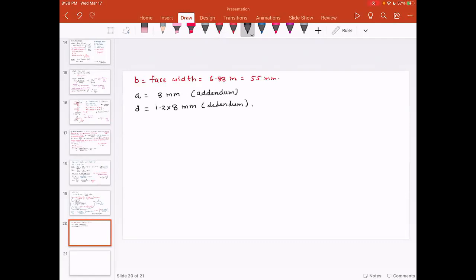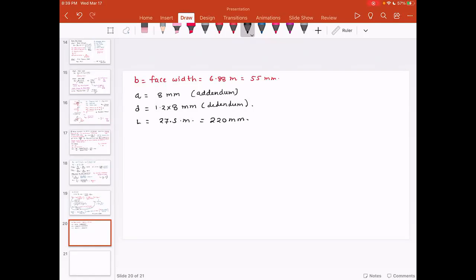And then you can find the slant height, which is L, given as 27.5 M, which is about 220 millimeters. So this is the basic design.